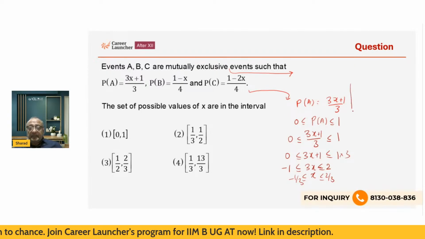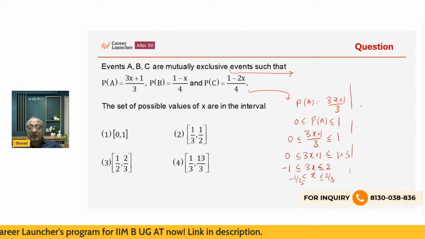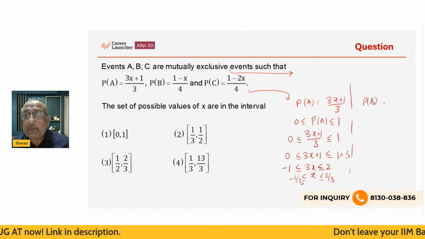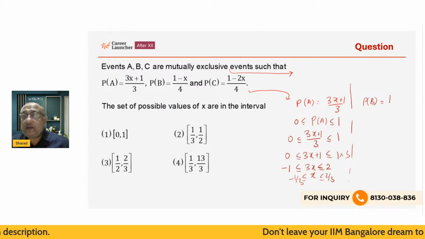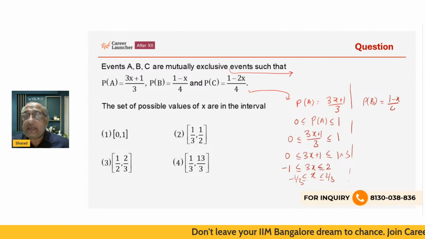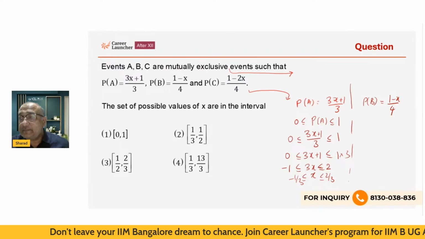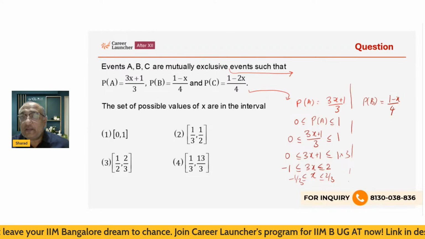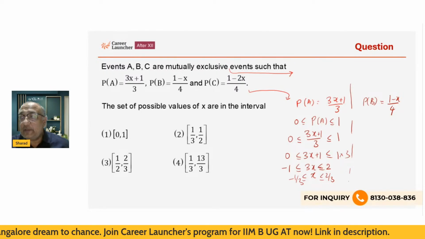And similarly, if I solve probability of B, this probability of B is equal to 1 minus x by 4. Please now solve this question on your own. Give yourself a minute or so.